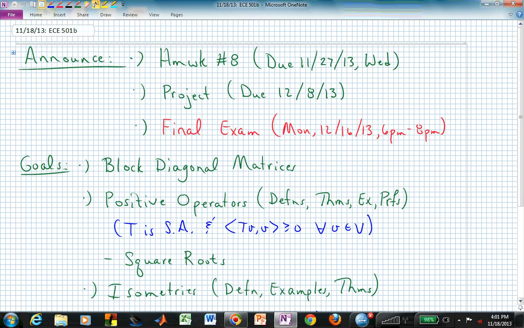We will get there by introducing concepts dealing with positive matrices or positive operators, and we'll look at some positive matrices and some isometries, whatever that is. But you can think of those as operators that do rotations.